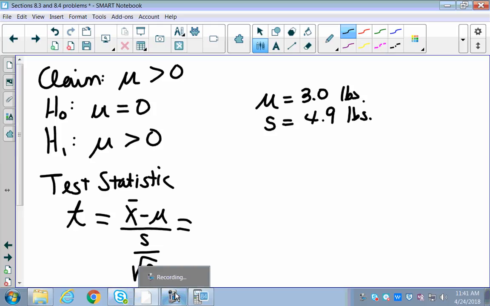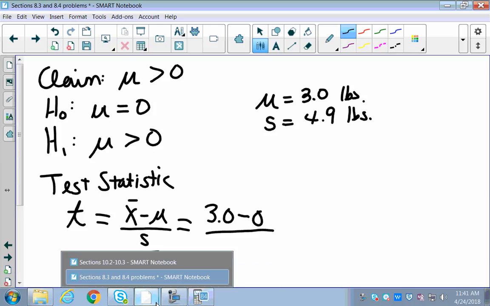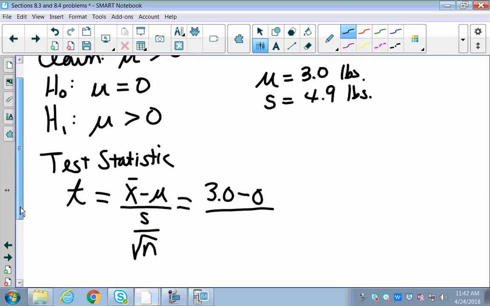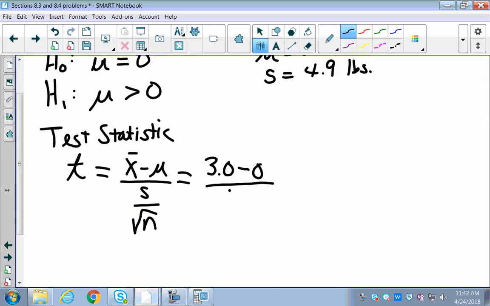If, in fact, my pen works, what is our sample mean? Our sample mean is 3.0 pounds. Subtract mu. Mu is 0. We're going to divide that by the standard deviation of the sample, which is 4.9, but that has to be divided by the square root of n, and n was 40. So calculate your t.